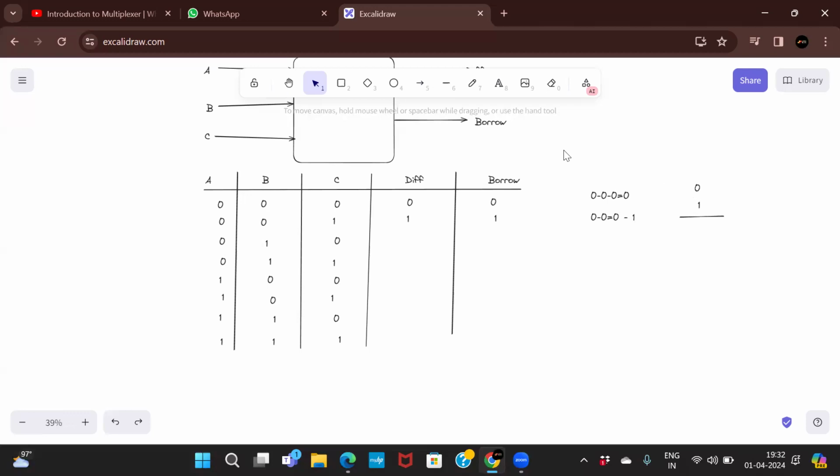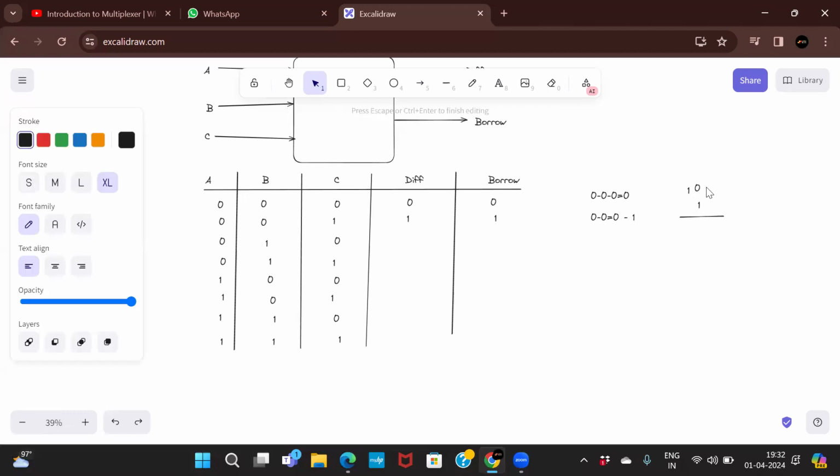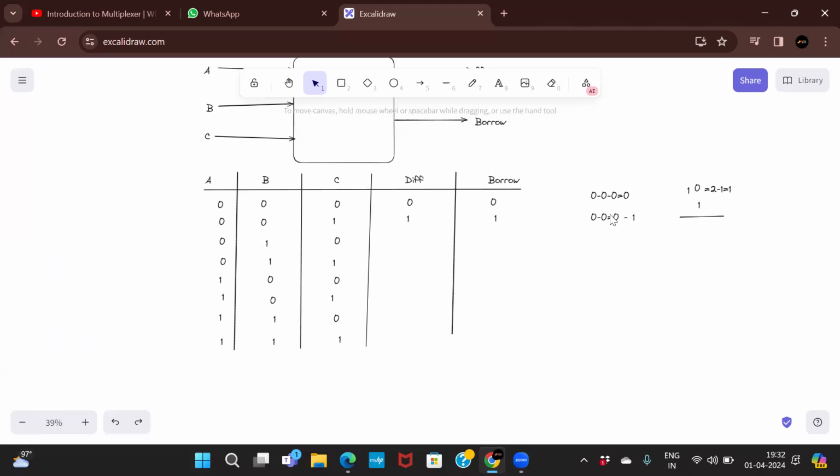No, right? So for that we take one borrow here. Now the 0 will become 2, right? And 2 minus 1 equals 1. So we'll get the difference as 1 and the borrow as 1. You get it, right? One borrow and one difference.